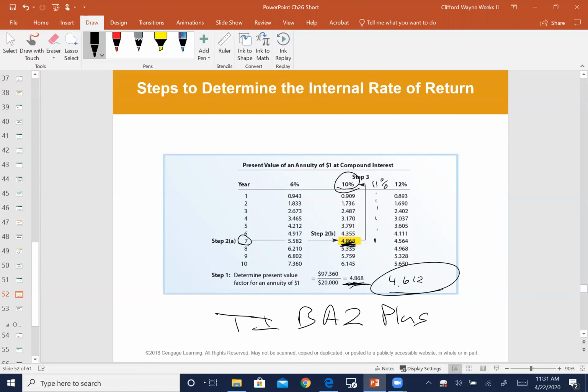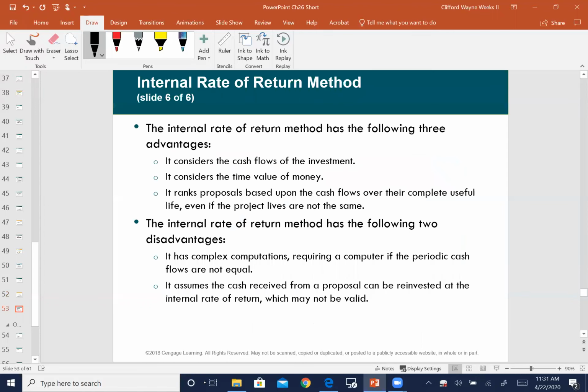It's painful. All righty. So looking at the advantages, it considers cash flows, considers time value of money, and it automatically ranks proposals. We didn't have to do the present value index. This one is a lot more complex, and it assumes that this one is legitimate.